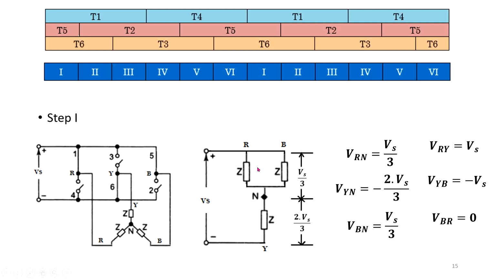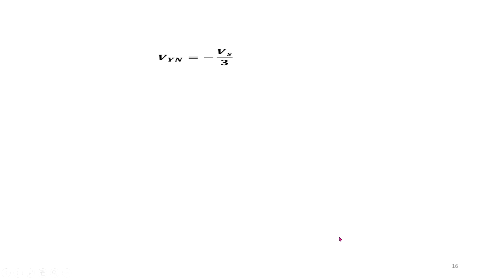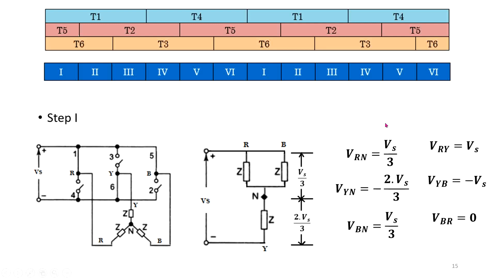Now there are 3 points, and we have measured the line to neutral. These are the line to neutral voltages. You can also call these the phase voltages, and these are the line voltages, line to line, RY, YB, BR.